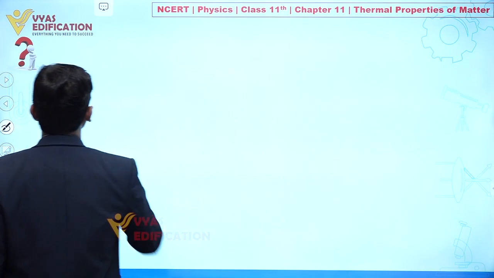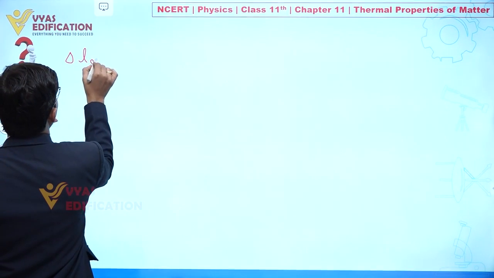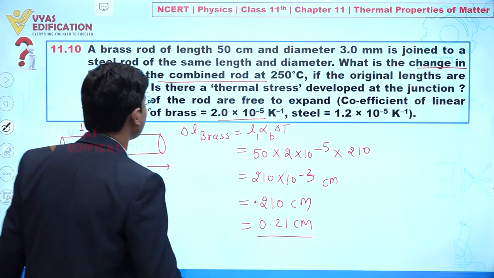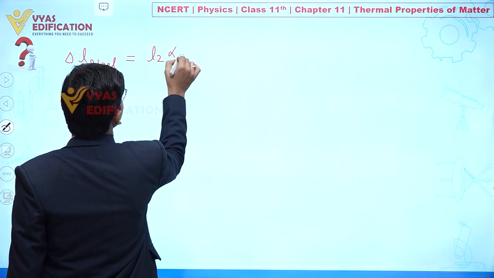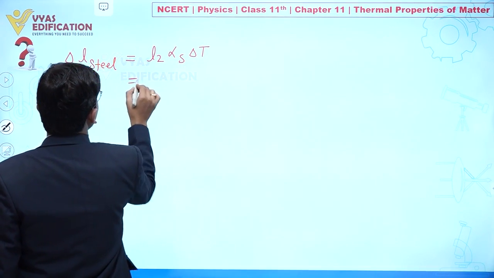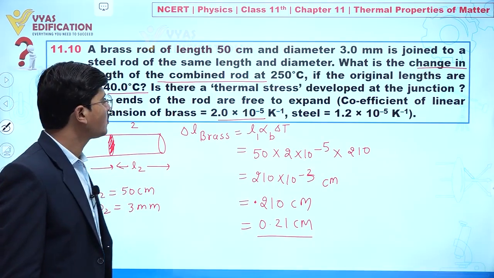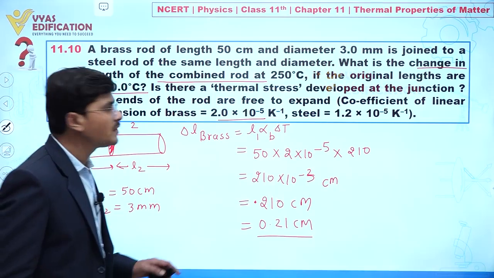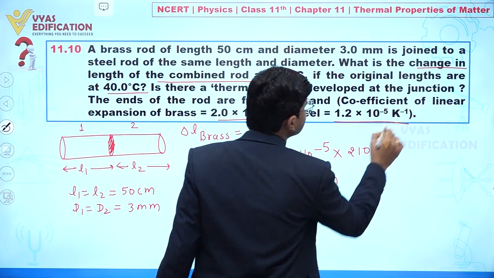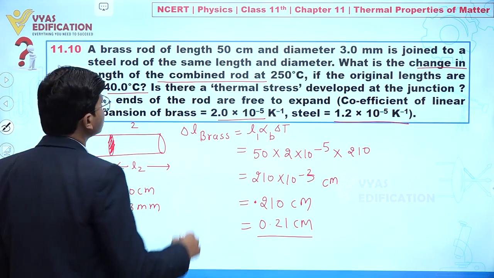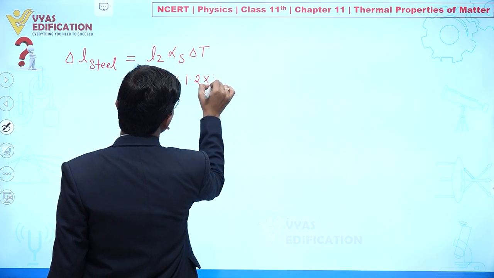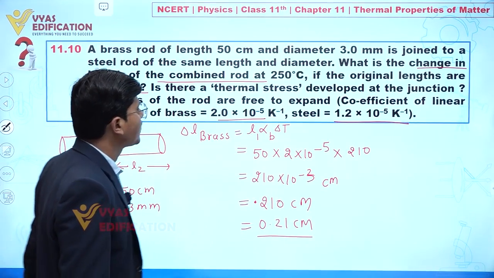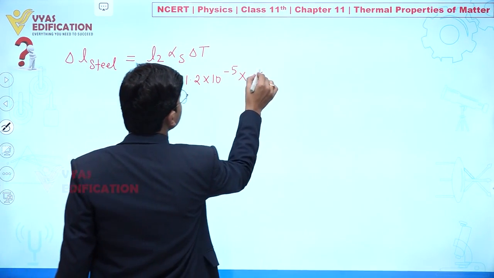But what about the change in length of steel rod, clear? The change in length of steel rod is given by L2 alpha for steel delta T. The value of L2 is the same, 50 centimeter, but what about the coefficient of linear expansion for steel? This is 1.2 into 10 to the power minus 5, multiplied by delta T, which is again 210, clear?